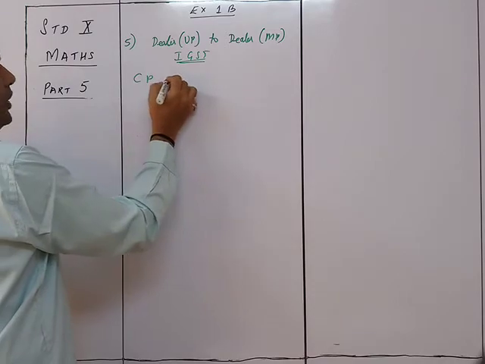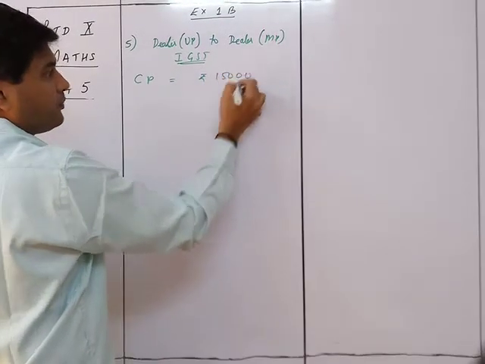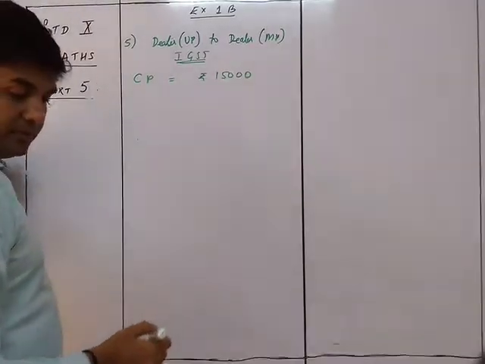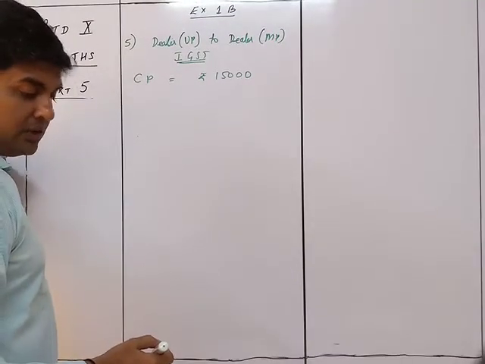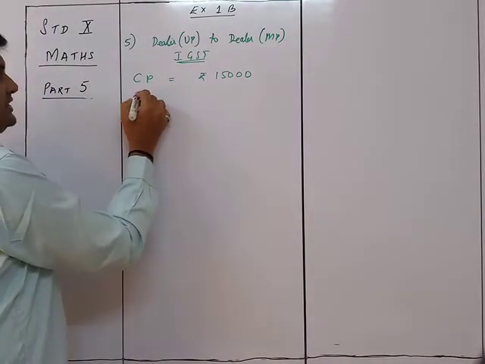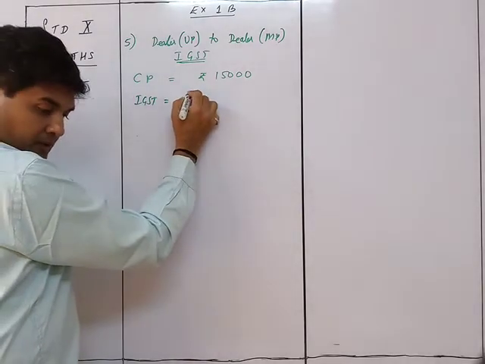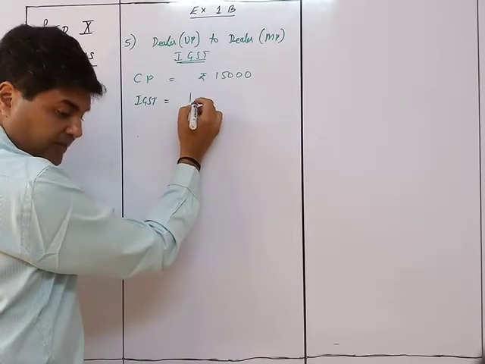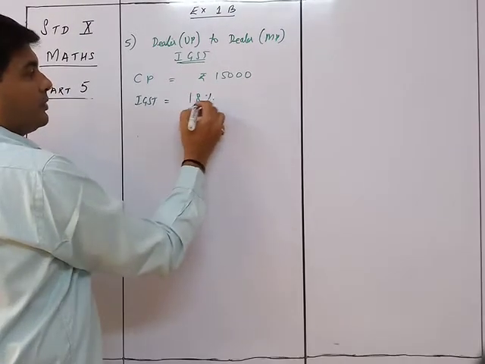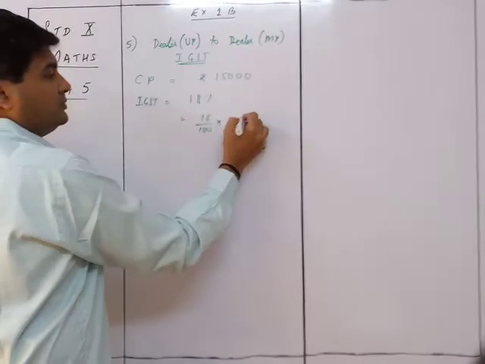The CP of the material is rupees 15,000. Got it? The CP of the material is 15,000, and IGST is equal to how much percent? 18%, which is 18 upon 100 into 15,000.